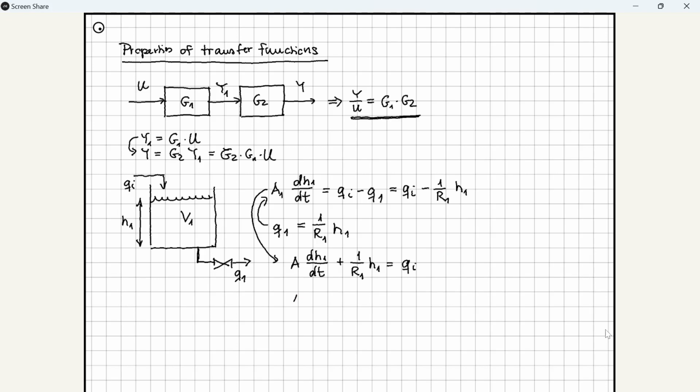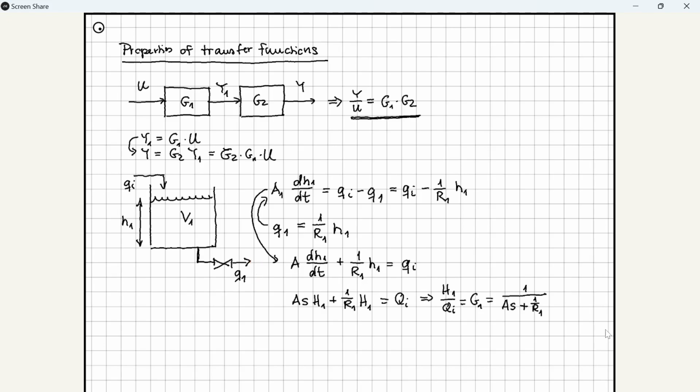I get A times s times H1 plus 1 over R1 times H1 equals Qi. So I get a transfer function that relates H1 to Qi. So it's H1 over Qi, and we call this G1, and that is 1 divided by A s plus 1 over R1. Okay, so it's a first order process that we describe here.